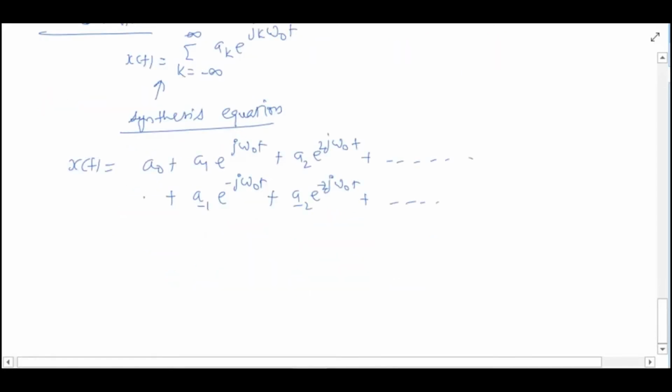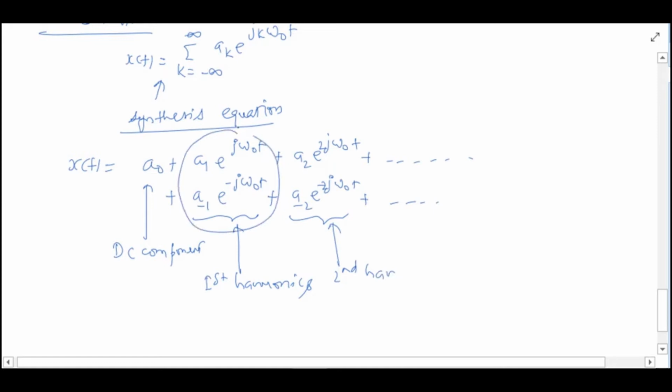In this expansion, the first term, which is a constant, is called DC term or DC component. These two terms are called first harmonics since they oscillate at fundamental frequency omega naught. Similarly, these terms are called second harmonics and so on. So these two are first harmonics, these two are second harmonics.